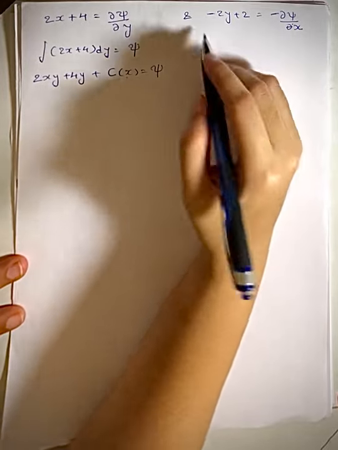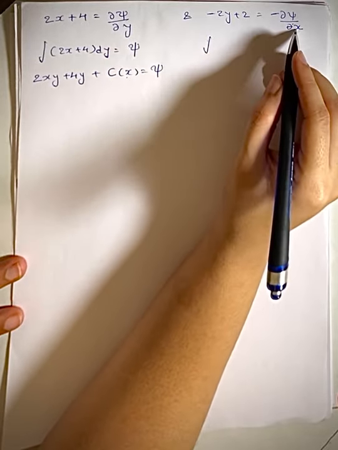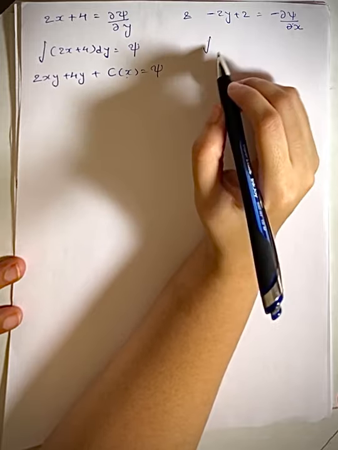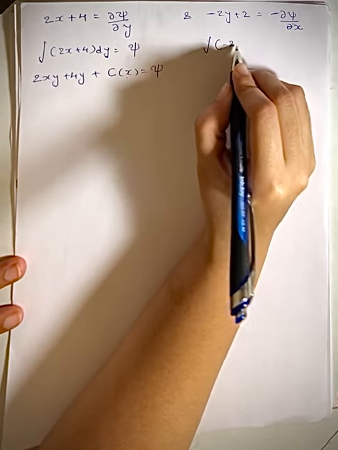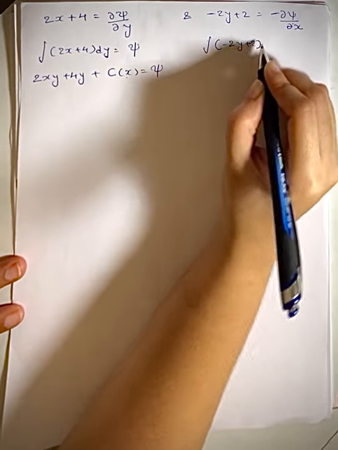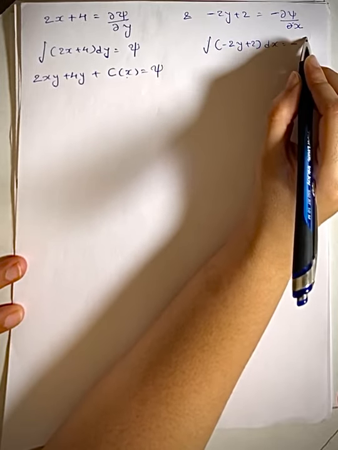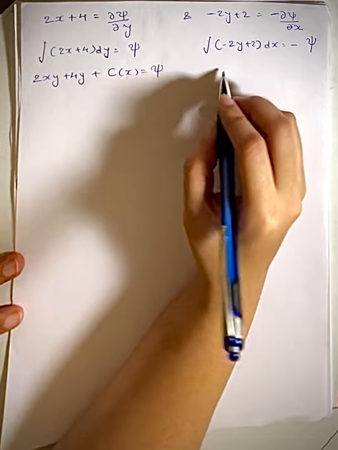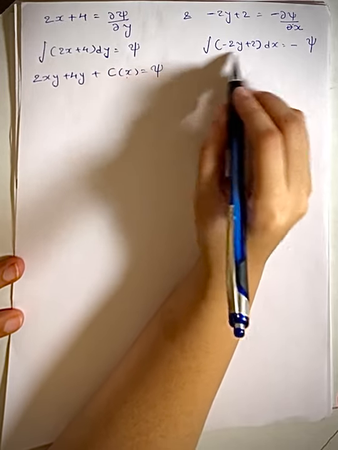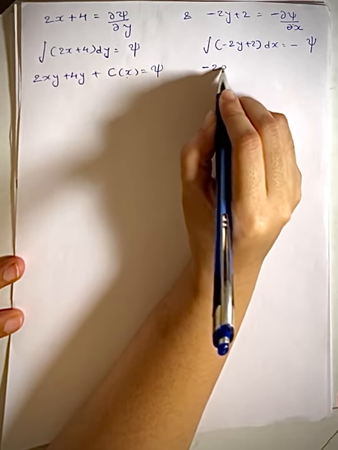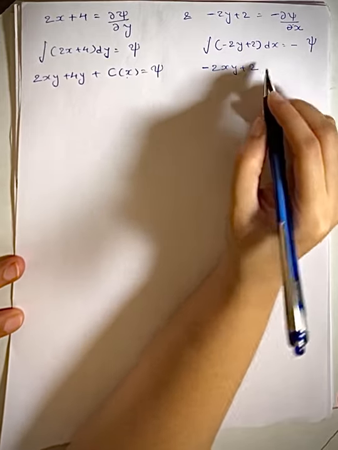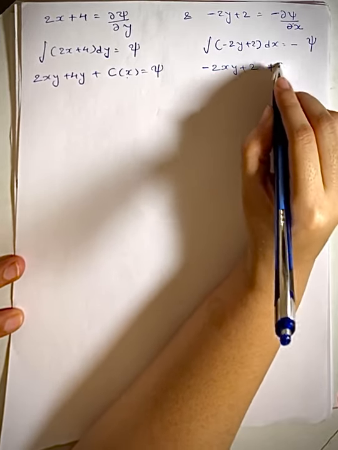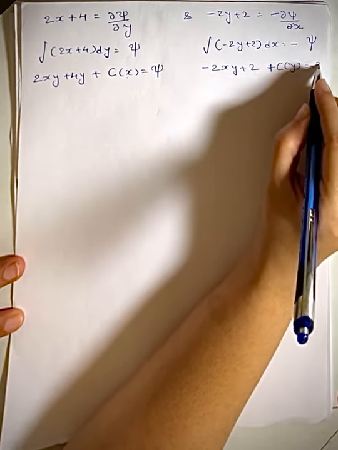Alright, so here we will integrate with respect to x: the integral of 2y plus 2 dx equals minus psi. So we will have minus 2xy plus 2 plus c of y equals minus psi.